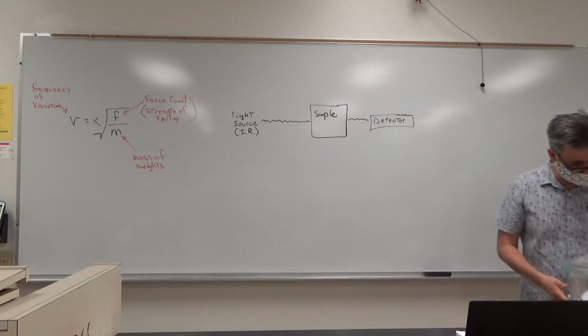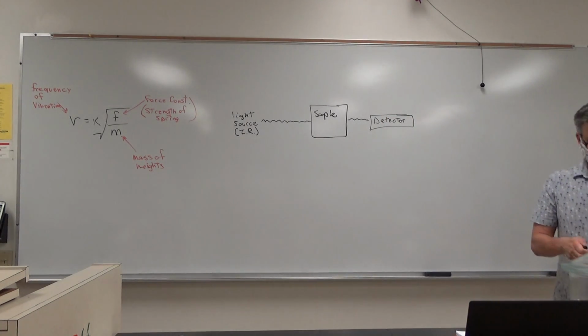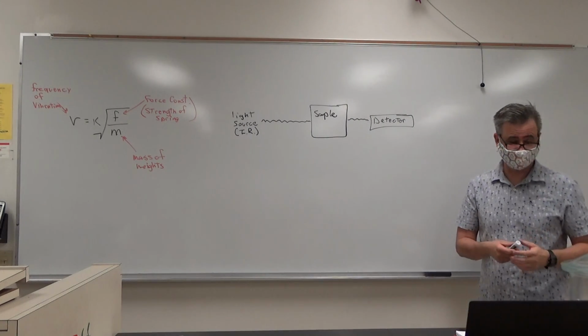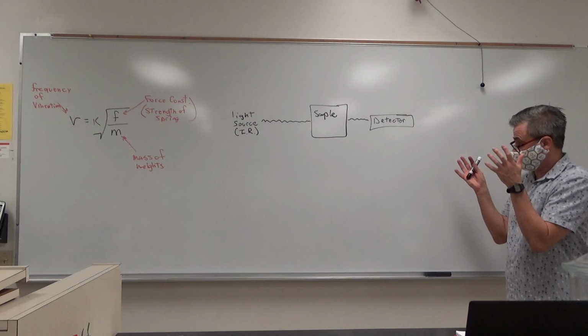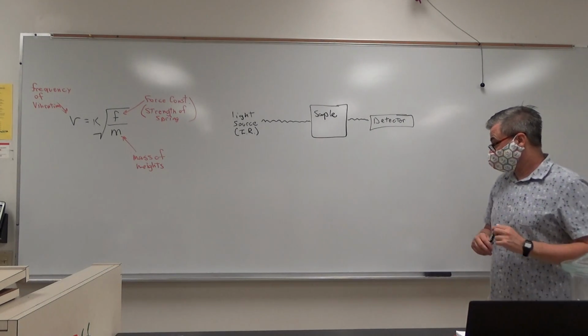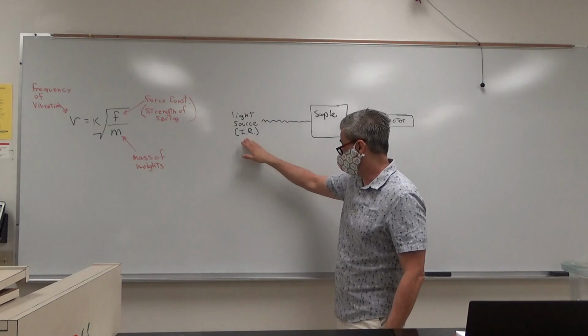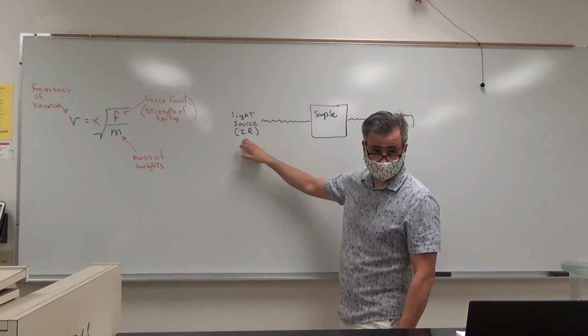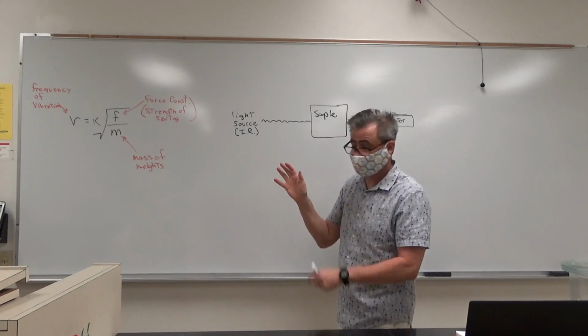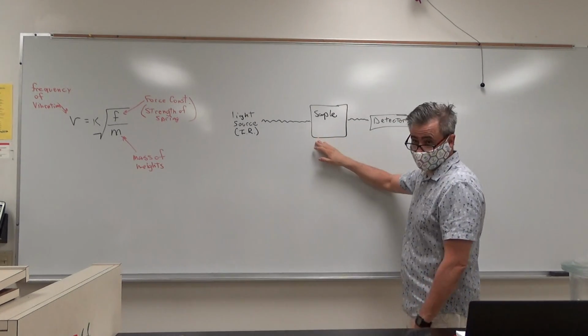And there are a lot of instruments in chemistry that work this way. We're actually going to use one next week, a spectrophotometer that operates off the same basic principle. You can vary your wavelength within that IR spectrum that goes into the sample.